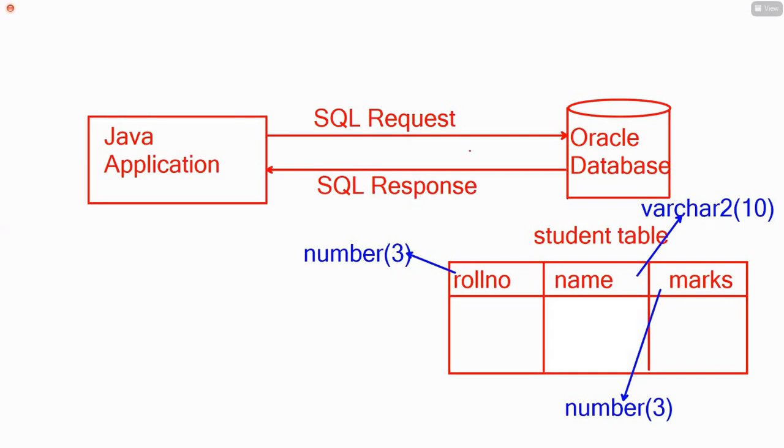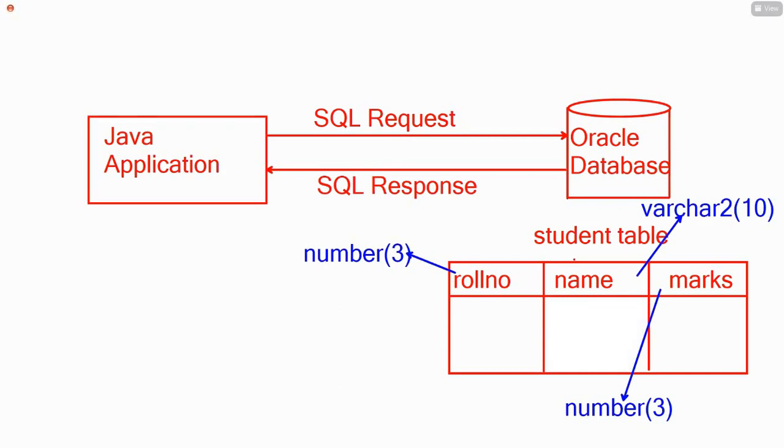SQL code is passed to the database and executed under the database environment. Then the table is created and the response comes. If the table is not created, an exception comes. That's why every method throws SQLException, everywhere SQLException. The problem is on the database side.